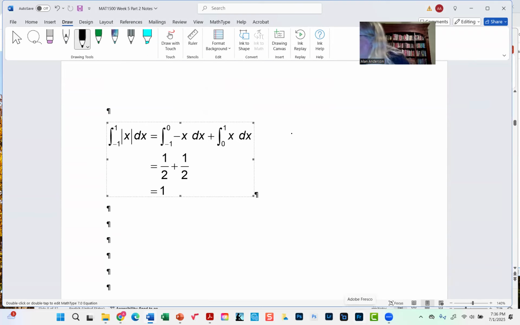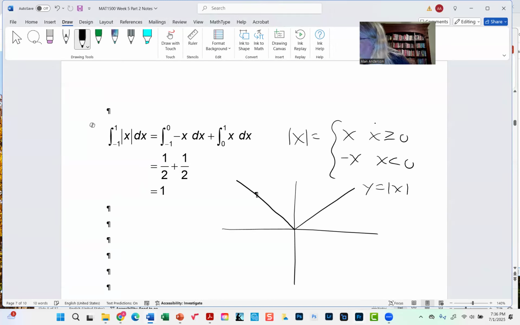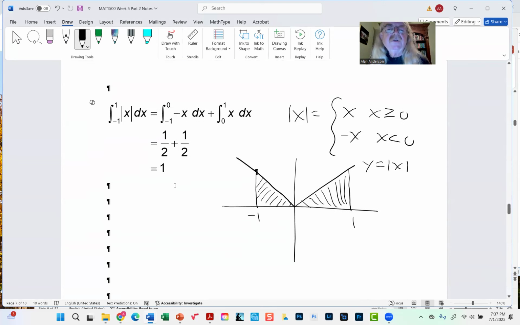And remember, the way that absolute value is formally defined is, and the way we draw it, so that's what we're looking for. And of course, you've got two triangles here.